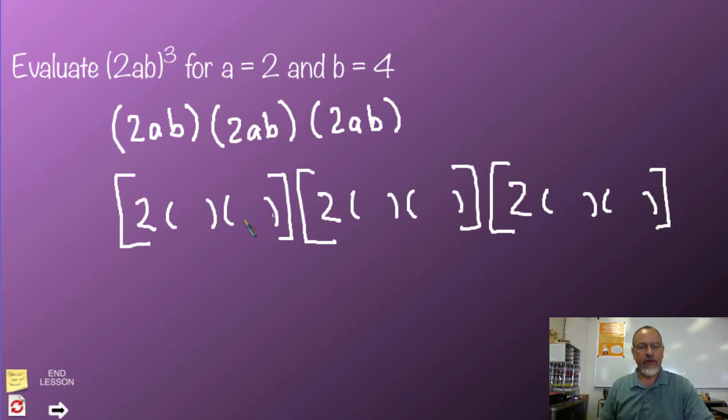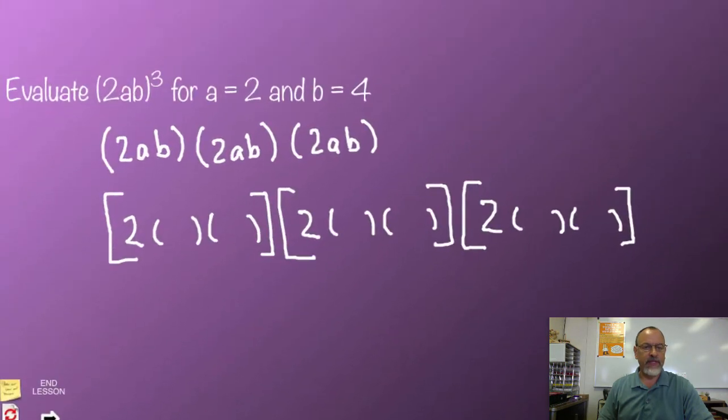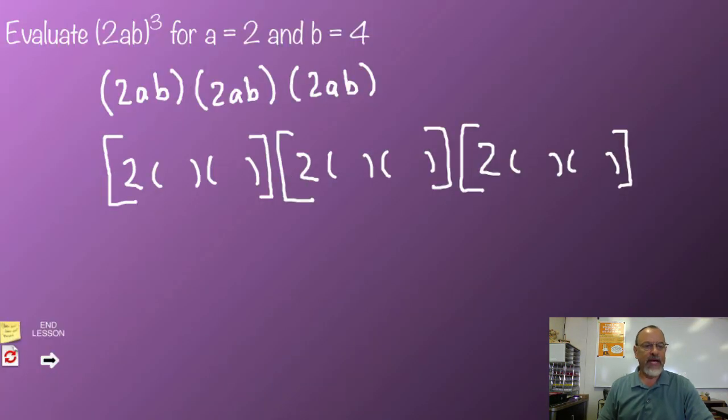Okay, so I've rewritten the expression and I've used parentheses for each of the variables. Let me move this up just a little bit here. Now I'm going to go back and substitute into each of the parentheses these appropriate letters. Now remember, one of these parentheses represents the letter A and one represents the letter B, so I need to make sure that I only put the A value of 2 into the A parentheses.